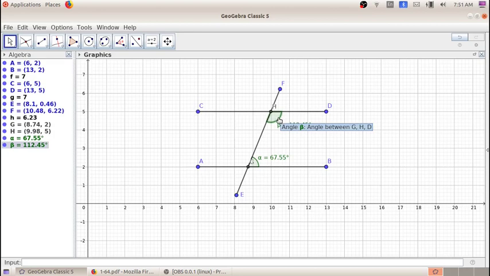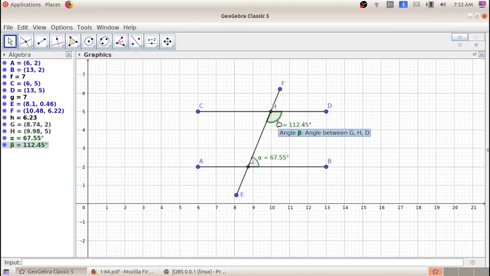So think this is a carom board, then you can easily understand. This is one hole of the carom board and this is the other hole, and they are inside the carom board, right? So that is a better example for co-interior angles.